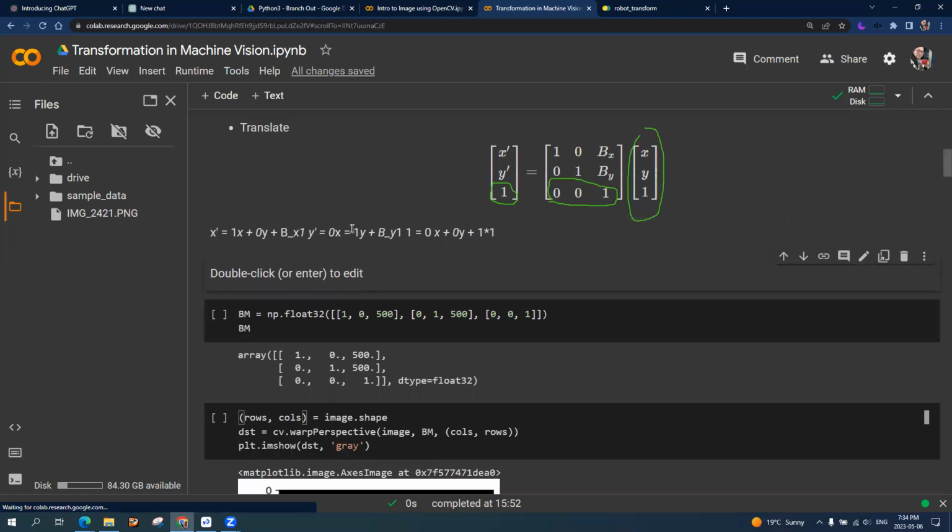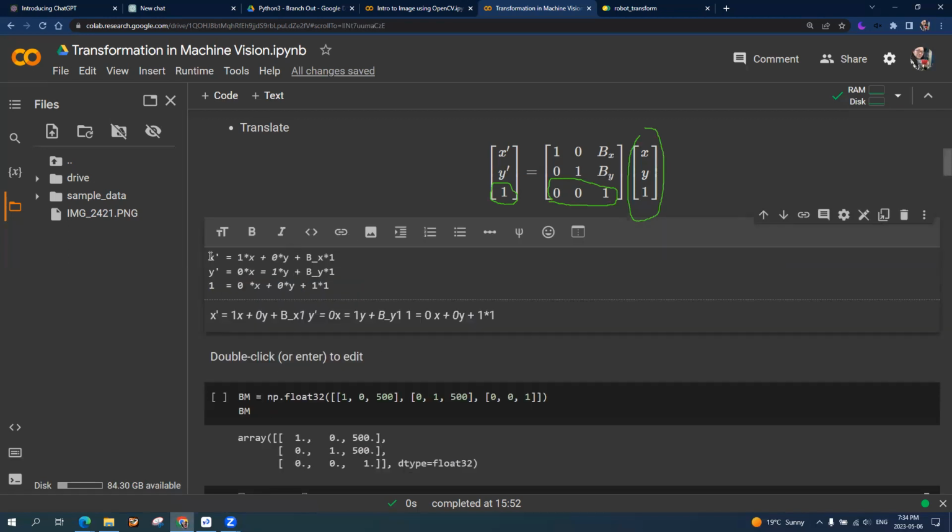Okay. Oh, it doesn't come out very nice. Let me fix this up. So this is LaTeX syntax.